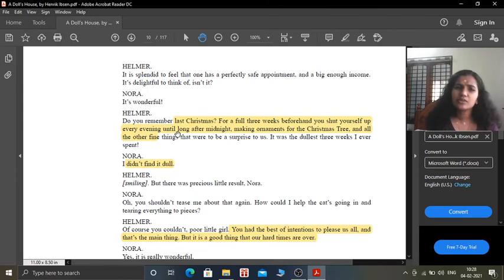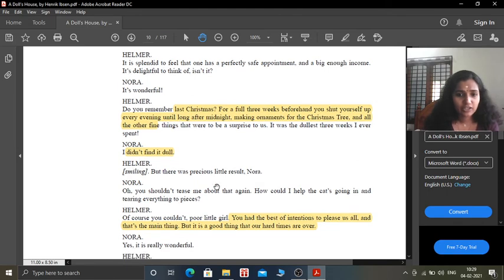Because at that time they didn't have much money, so they couldn't buy items for decorations. He's recollecting how much effort she made for the decorations. Nora said, "You said the last Christmas was dull, but I don't think so."